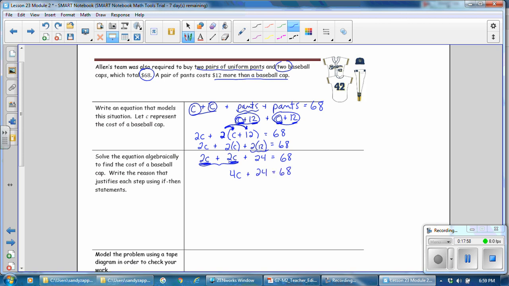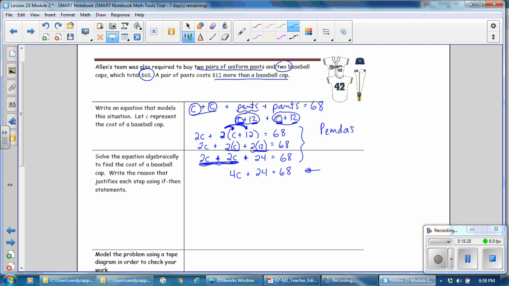All that I've done here is part of the PEMDAS process: you simplify before you solve. So I did the distributive property here with the 2, and that gave me 2 times C plus 2 times 12. And then I did that multiplication next. Now I have all addition, so I combined my like terms. At this point, there's no more simplifying that I can do, so I'm ready to solve for C.